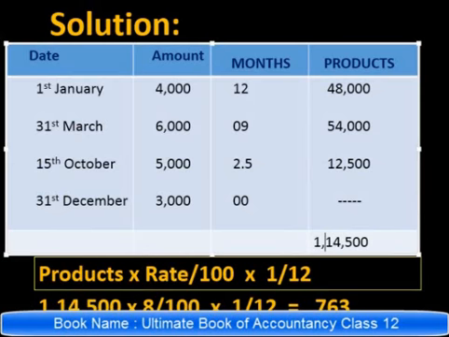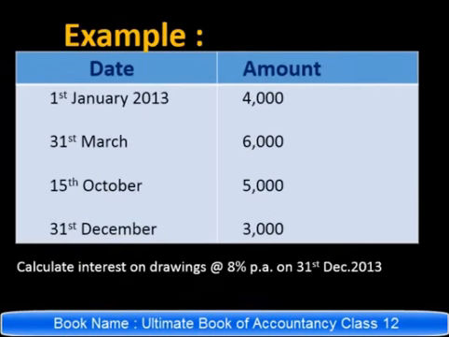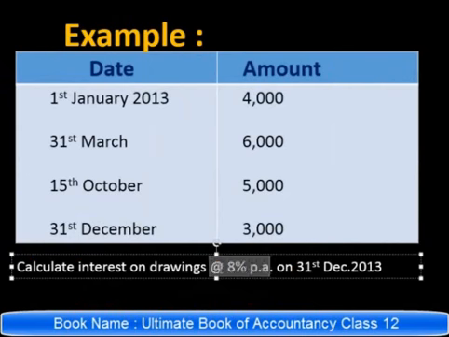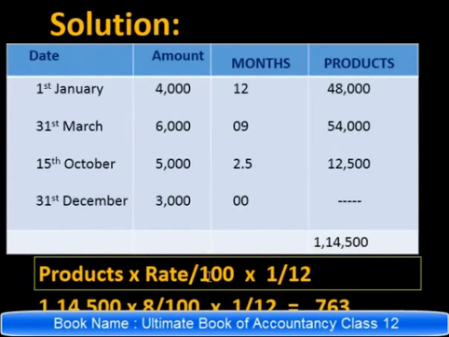Yeah, this is the rate of interest given, 8% per annum. So rate over 100 into 1 by 12. This 1 by 12 is actually a fixed formula to calculate the interest on drawing: products into rate over 100 into 1 by 12.